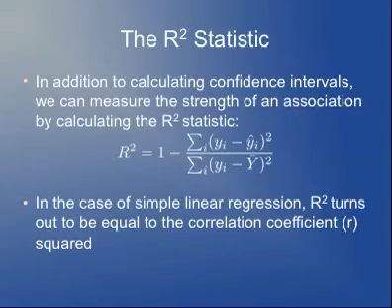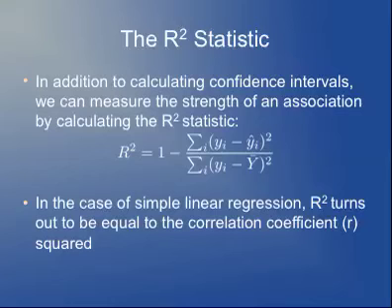Another statistic that's commonly reported for regression models is called R squared. Basically, the formula for R squared is this. The intuition is it's supposed to be a measure of how well the regression model fits the data.